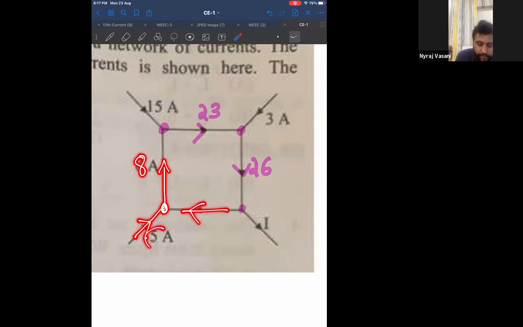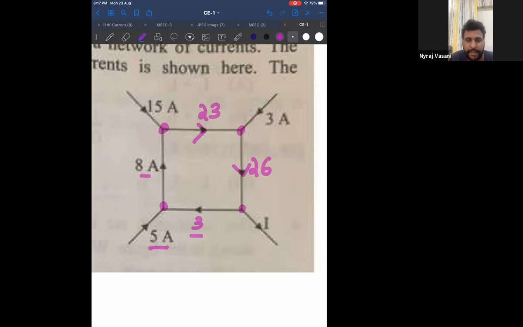Out of that 8, 5 is already here. Therefore, this has to be 3. If I write 3 over here, KCL is satisfied for this junction, because total current entering is 8 and total current leaving is 8.